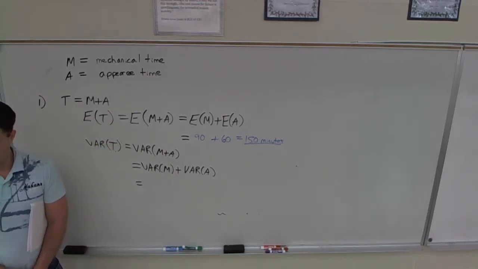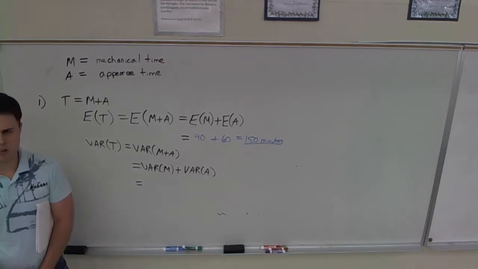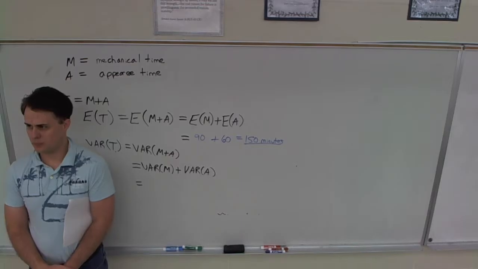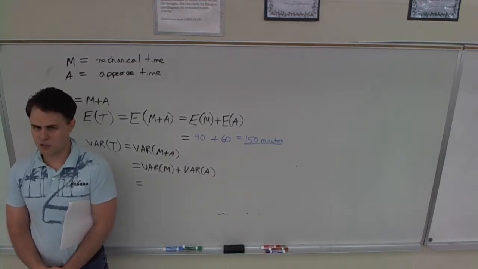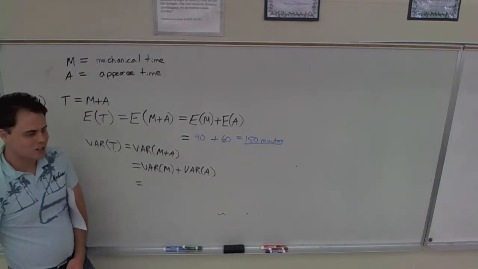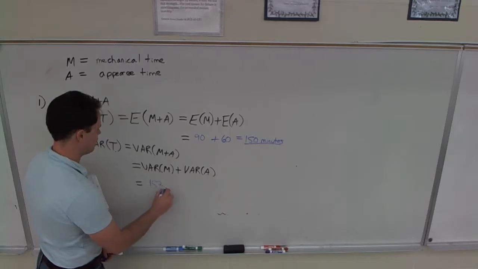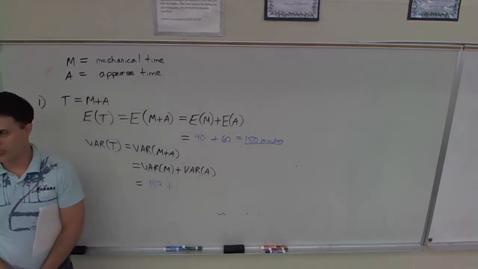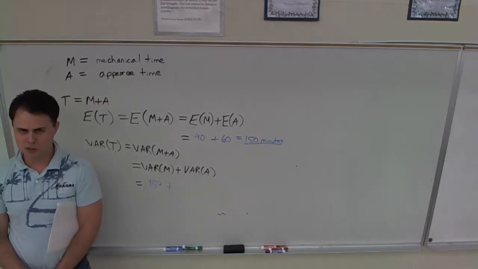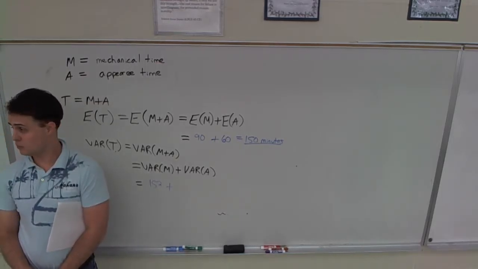So now we've got to be a little bit careful here. How do I get the spread of M? I think they told us a number. What's the number they told us? 15 minutes. 15 was the standard deviation. So do I just put 15 there? No, I put 15 squared there, right? They told us the standard deviation for appearance time was 5 minutes?